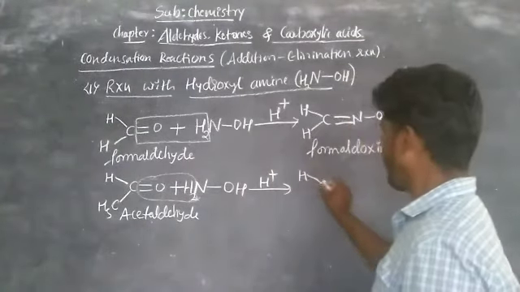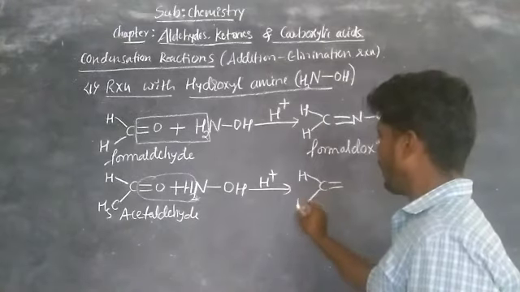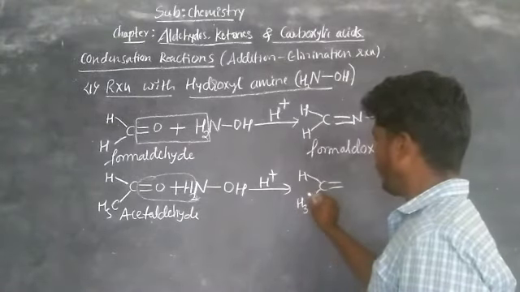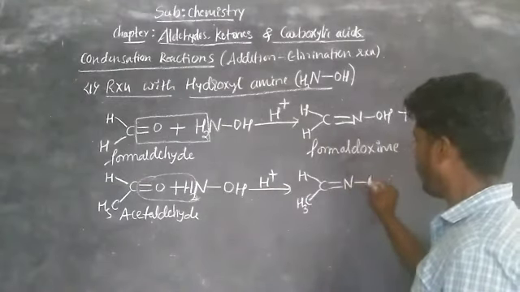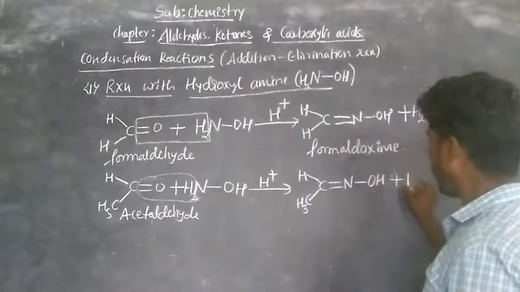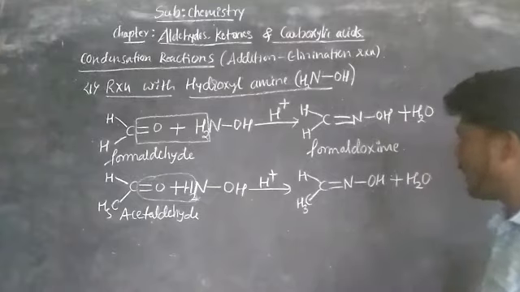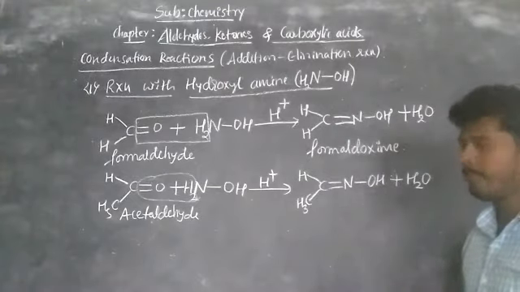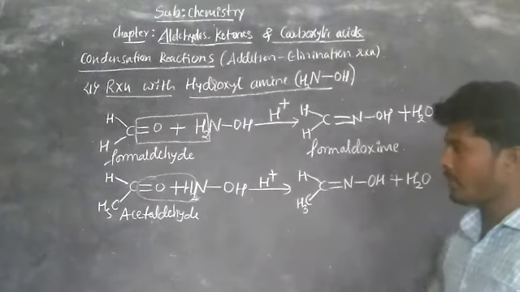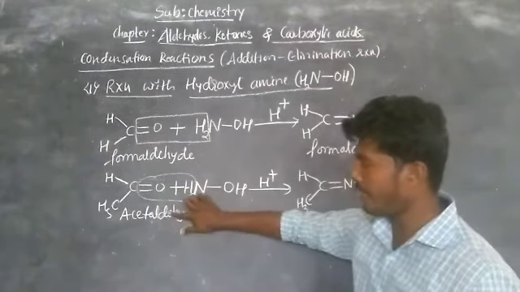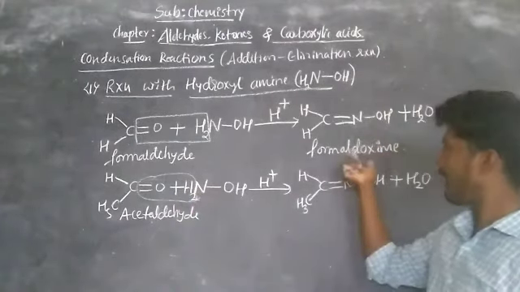H C double bond CH3, bond nitrogen and bond OH. Now give a name for this compound, students. What is its name? This is obtained from acetaldehyde, right? So take acetaldehyde up to here, then write oxime.